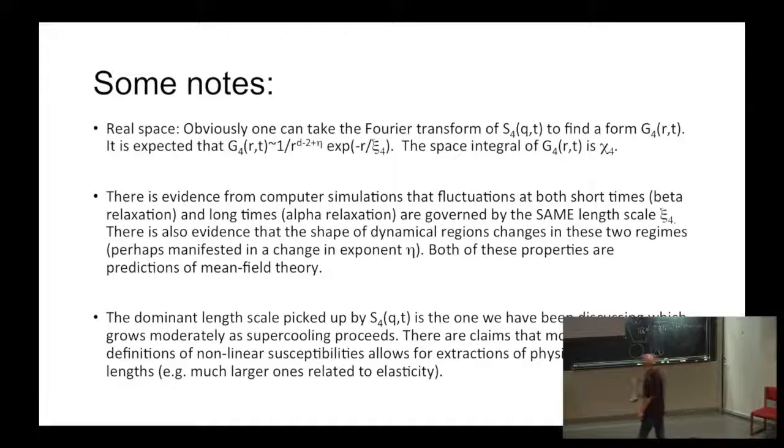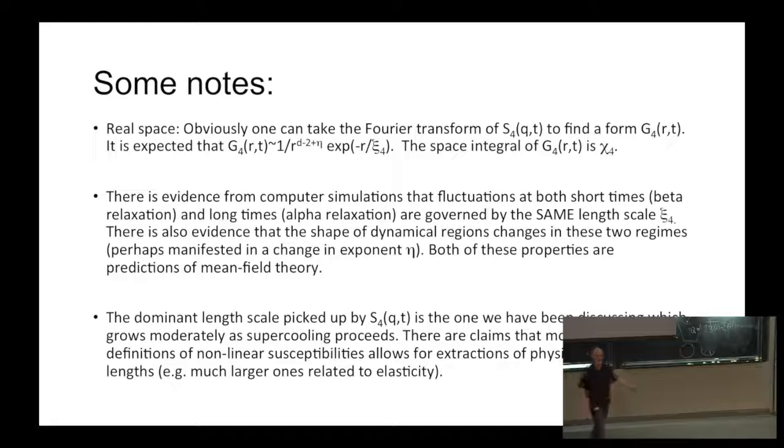From computer simulation, you could ask whether the length scale is changing as a function of time. I showed you that the susceptibility grows from some small valued peaks and then it decays.